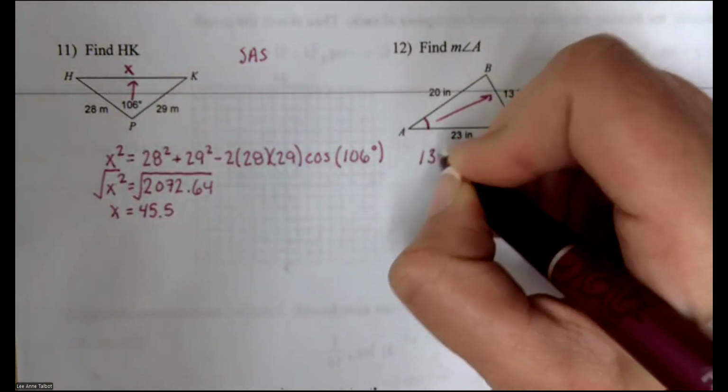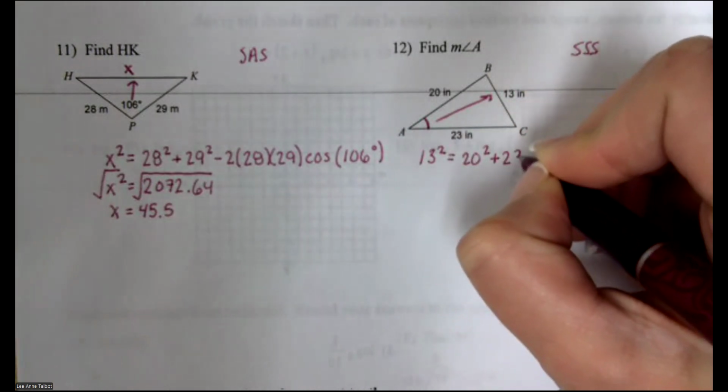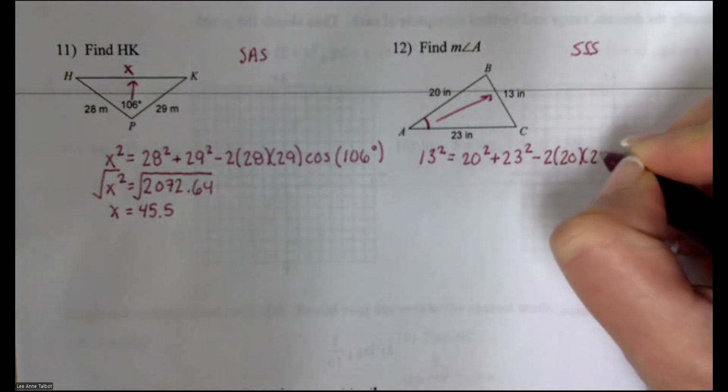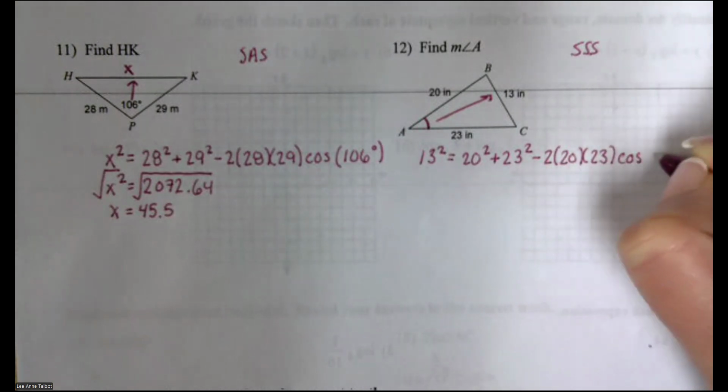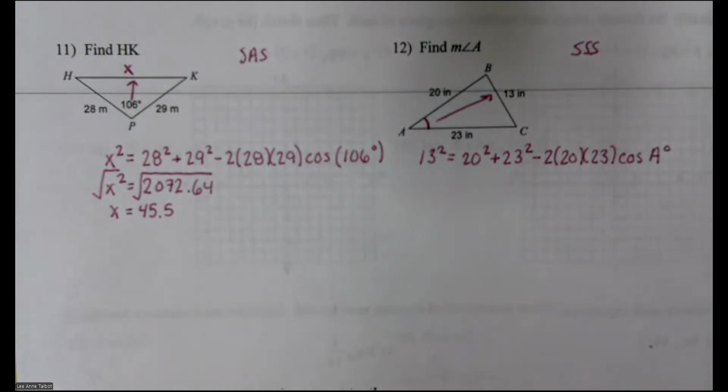So 13 squared equals 20 squared plus 23 squared minus 2 times 20 times 23 cosine of A. You see the difference between these two? But you still want to start across from that angle.